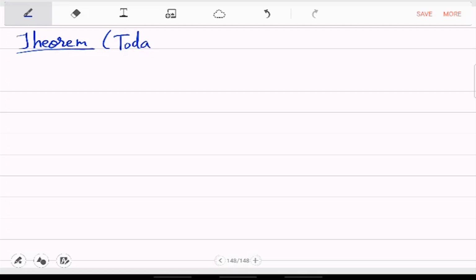So, Toda 1991, that PH is in P to the Sharp SAT. In other words, if you can solve Sharp SAT, then you can solve NP to the NP, Sigma 3 and so on. So, what is the overall idea?